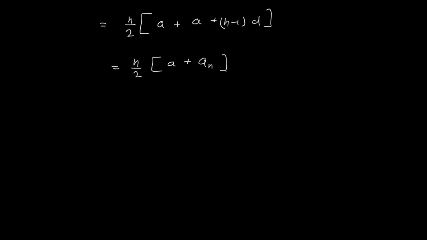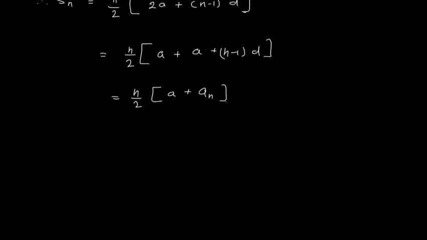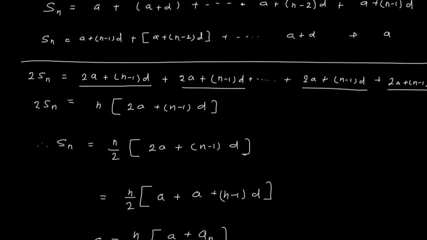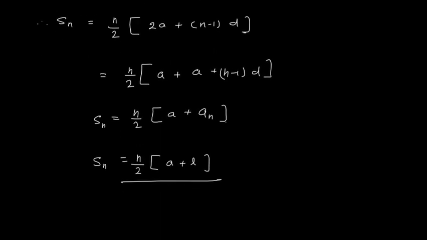So Sn is equal to n divided by 2 times (a plus an), or you can say n divided by 2 times (a plus l), first term plus last term. This is how you can find the sum of the first n terms.